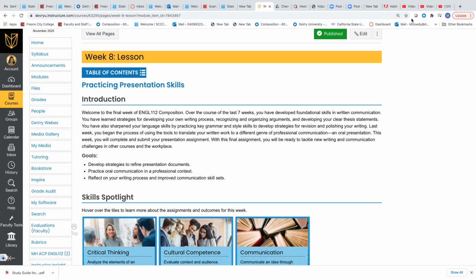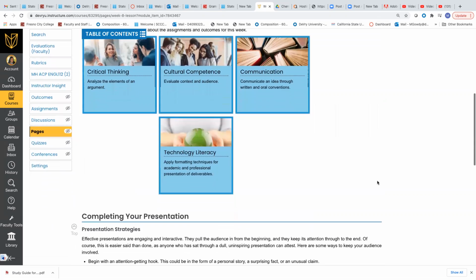So our goals for this week are: develop strategies to refine presentation documents, practice oral communication in a professional context, reflect on your writing process and improve communication skill sets. Our skill spotlights are critical thinking, cultural competency, communication, and technology literacy.